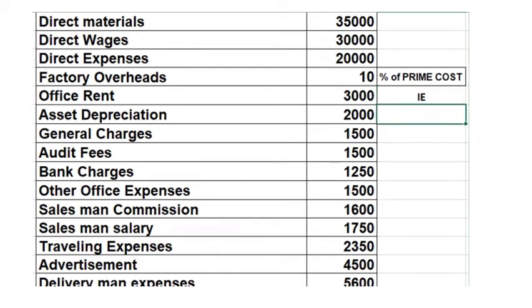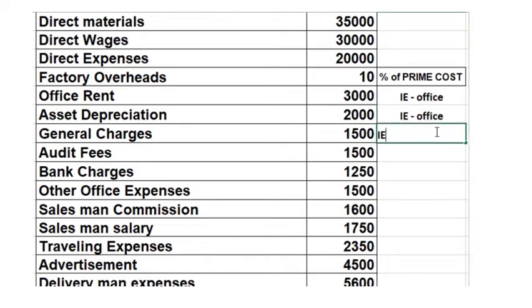Asset depreciation is an indirect expense. So this is related to office. So again, asset depreciation is related to office. We saw already what are the overheads related to office. So next is general charges.